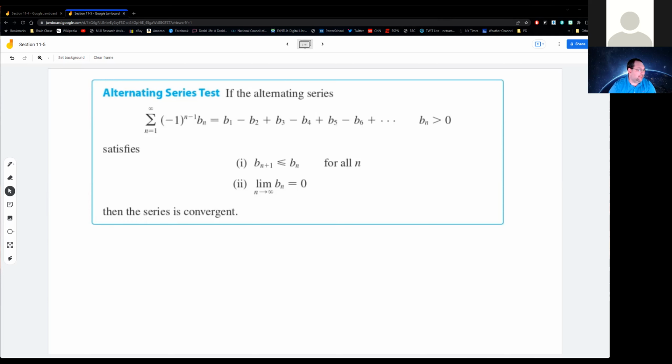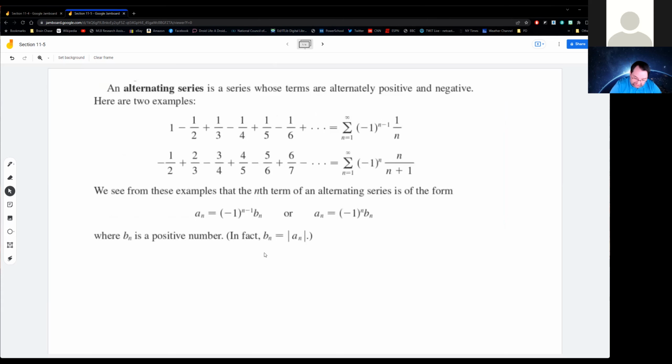But it says there that all has to be greater than 0, right? The first condition. No, the first condition states that, if we look at this piece here, this is the important part. Notice the Bn is not the alternating part. So An is the -1 to the n-1, times Bn.